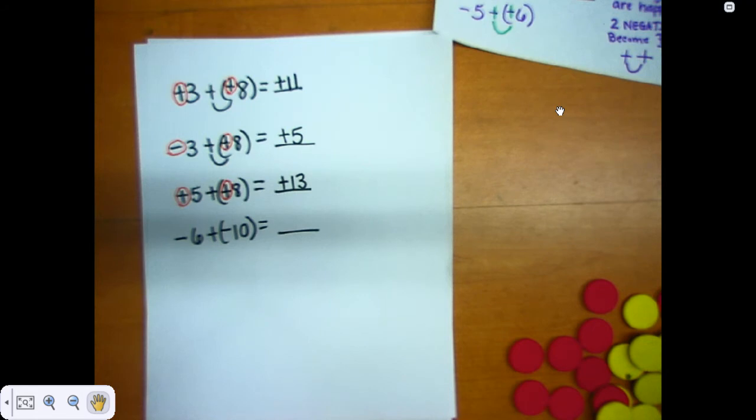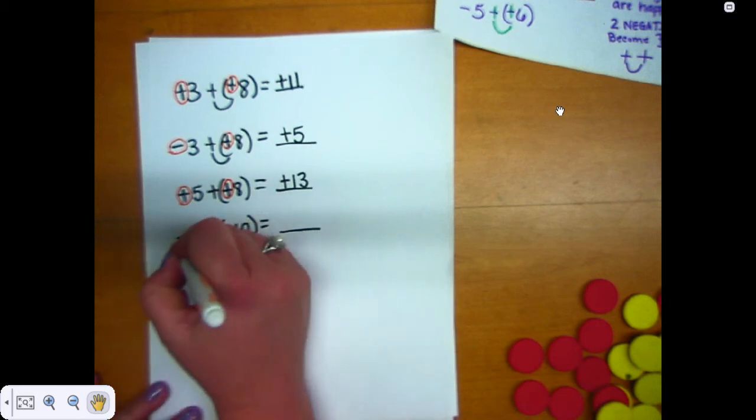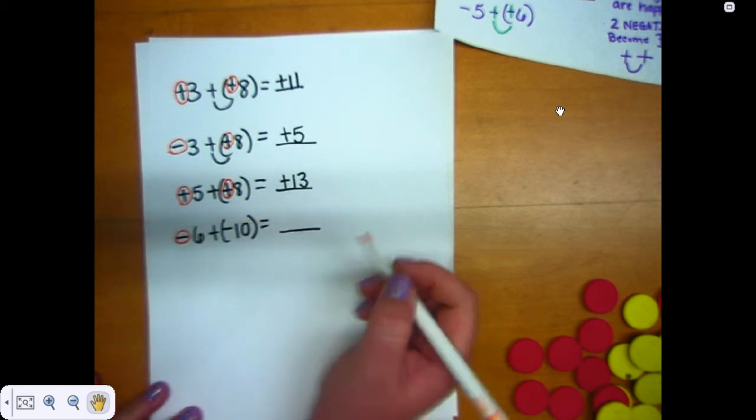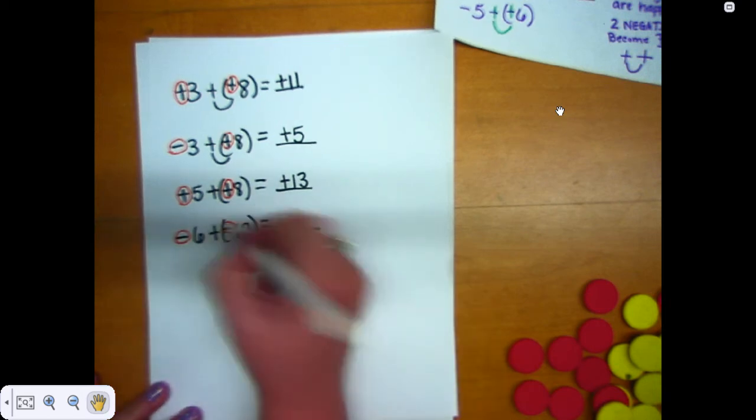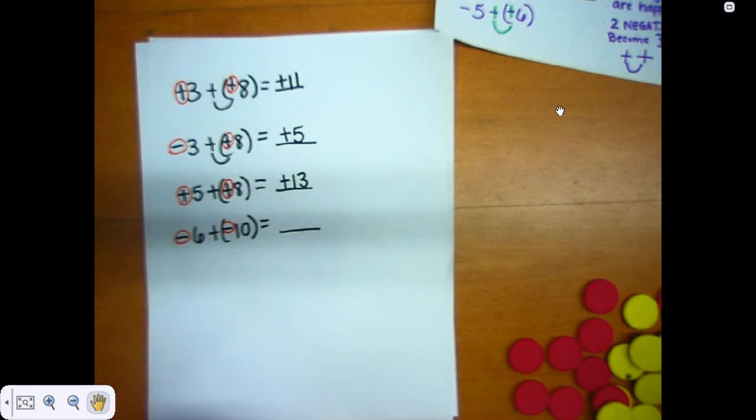I don't see any Mean Girls. Mean Girls are double negatives again. I don't see that. But I do see, I saw the sign. I see a negative and a negative. That means my signs are the same. Same means sum. No matter what the sign is, if they're the same, you're going to add.